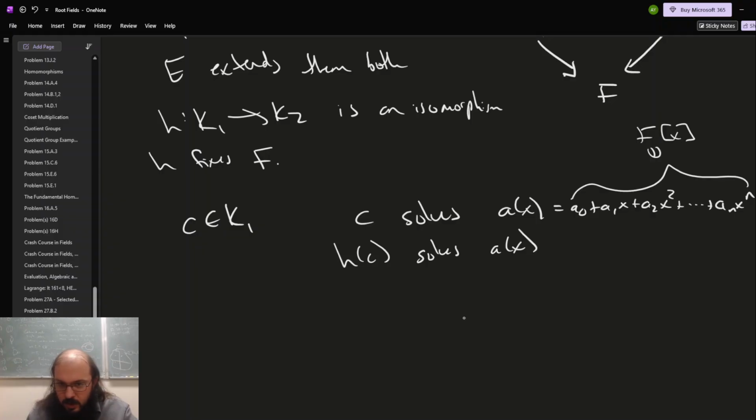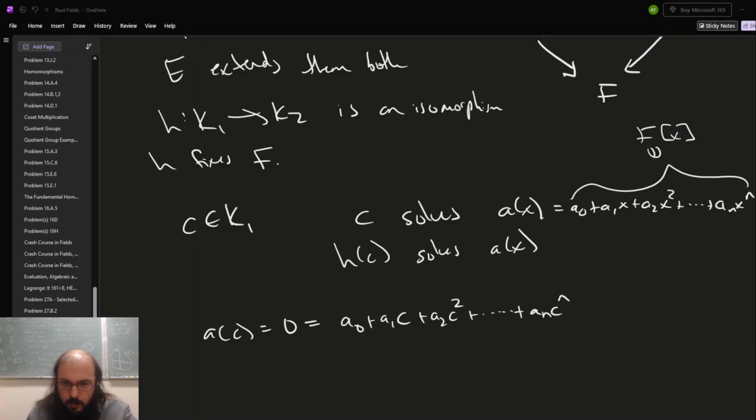Let's convince ourselves that this is correct. Since we know that A of C equals 0, this is to say that A0 plus A1C plus A2C squared, and so on, up to An C to the n, equals 0.